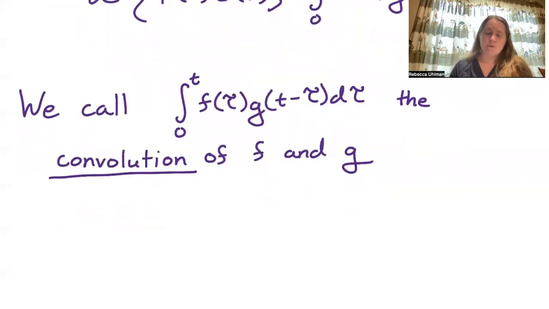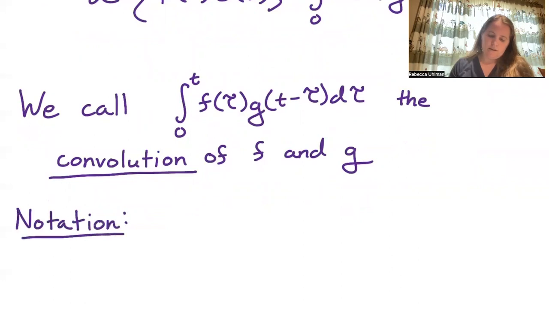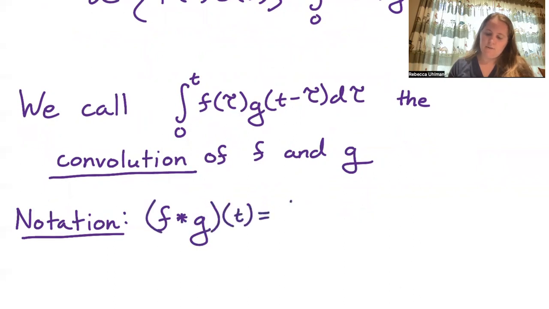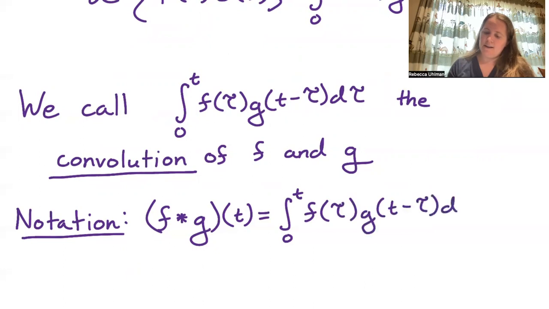And in terms of notation, we write f and then a little asterisk g as the convolution evaluated at t is equal to precisely that definite integral from 0 to t of f of tau g of t minus tau d tau.